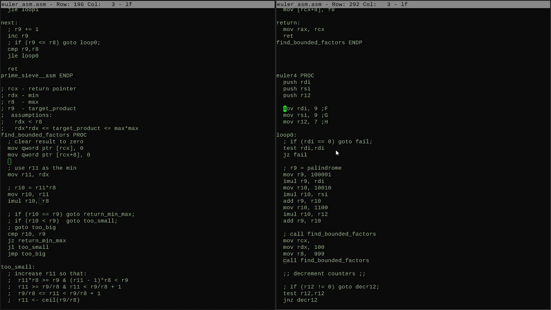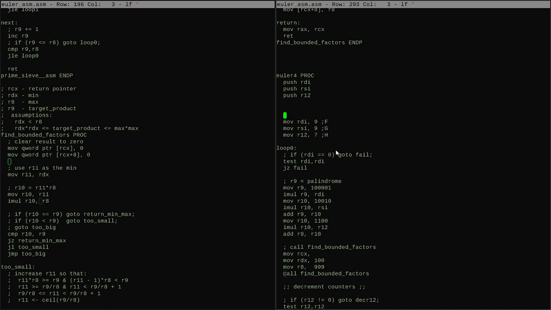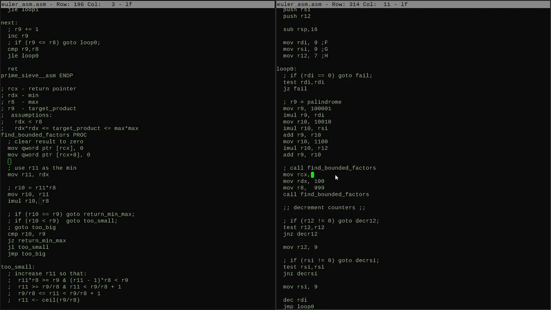Push RDI, RSI, R12. So we need to do one more thing, which is we need to subtract 16 bytes from RSP. That'll be the space where we're actually returning the result.